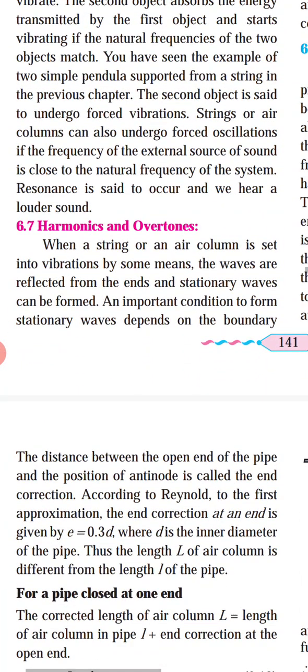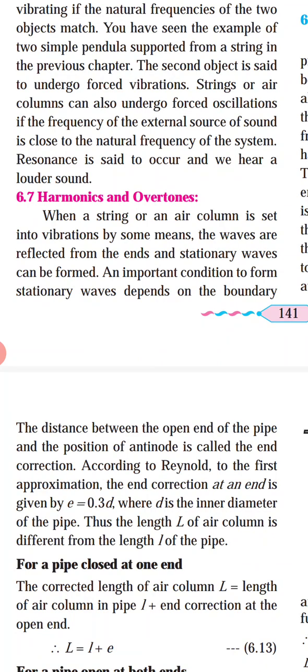So the distance between the open end of the pipe and the position of the antinode is called the end correction. Now, according to Rayleigh, the first approximation end correction at an end is given by E equal to 0.3 times D, where D is the inner diameter of the pipe.